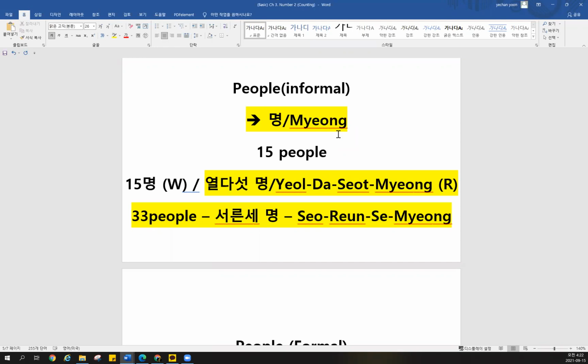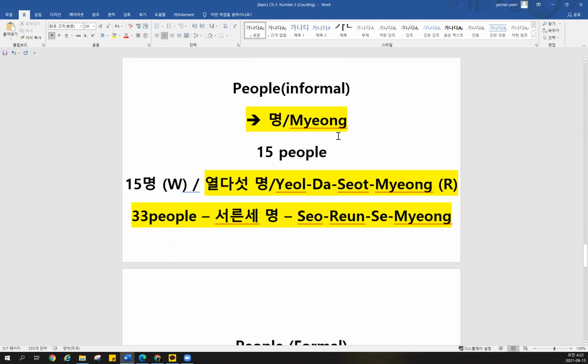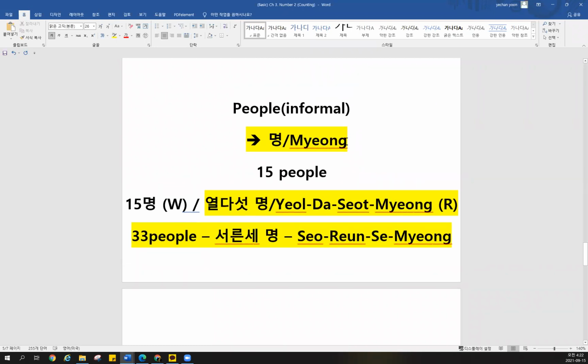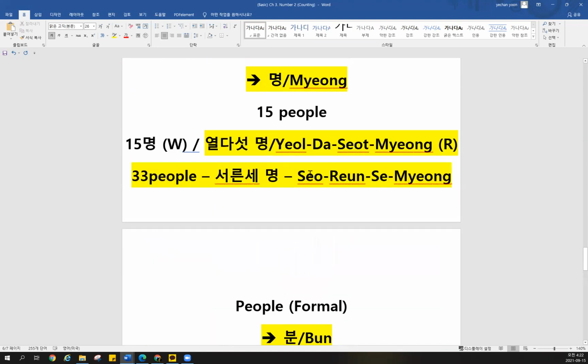So please don't worry about it. Informal and formal are just different words, so you can just memorize all of it. Informal words we usually use generally, and this one is also used a lot. So let's just memorize all of it.